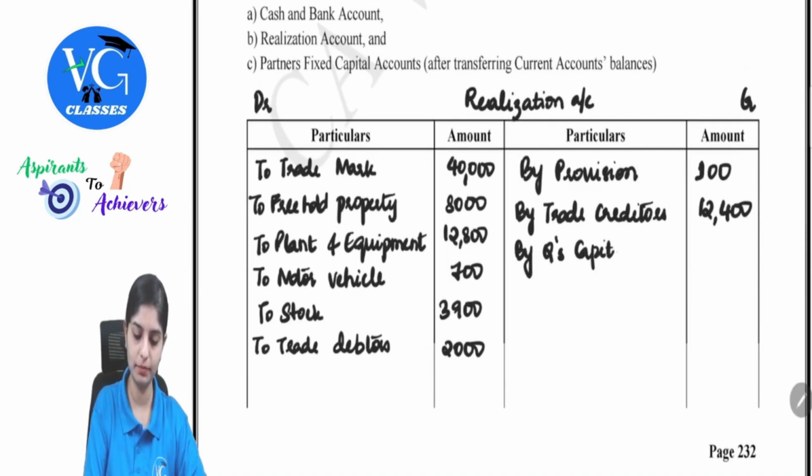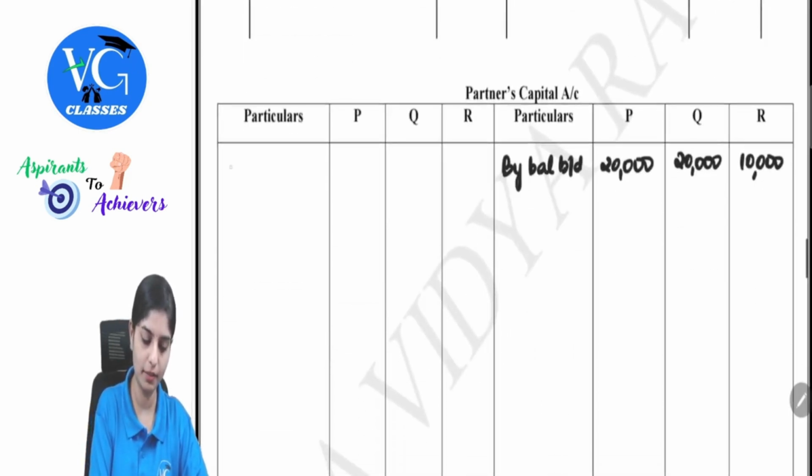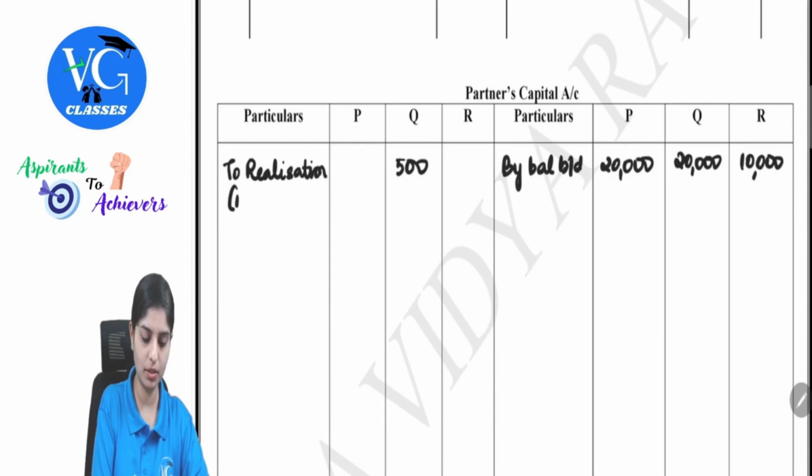So by Q's capital to realization 500. This is for motor vehicle.